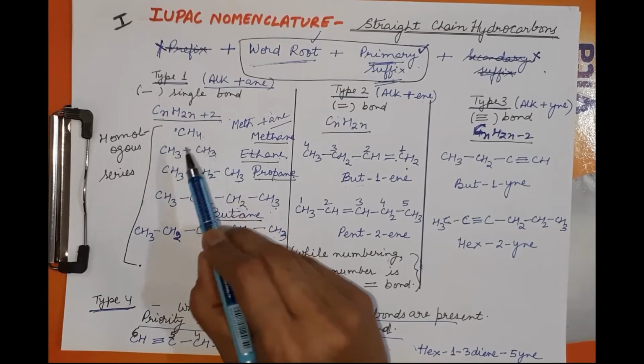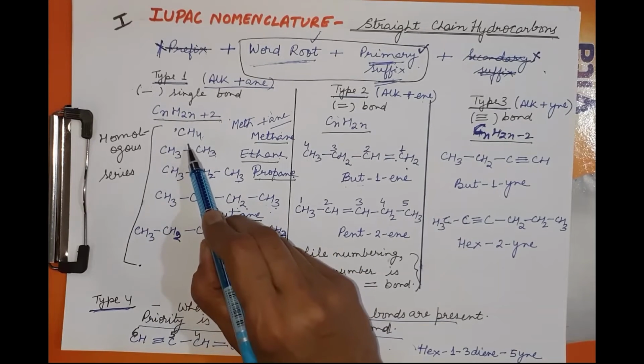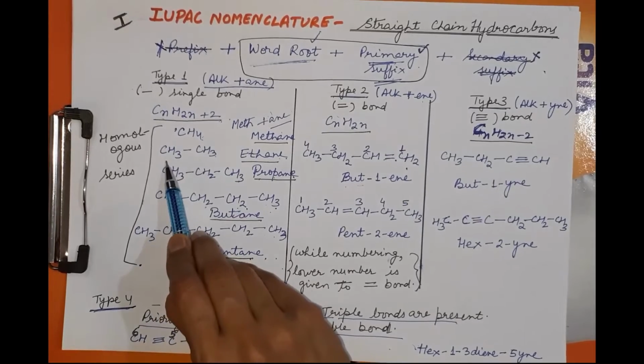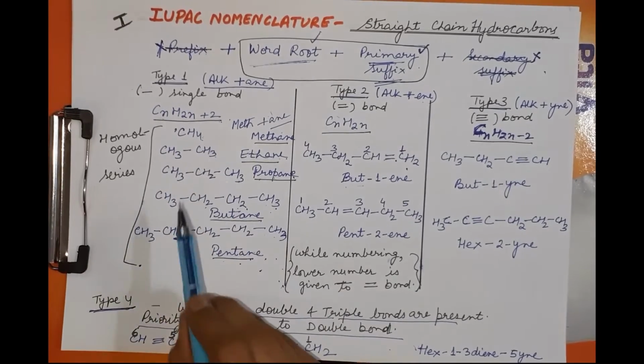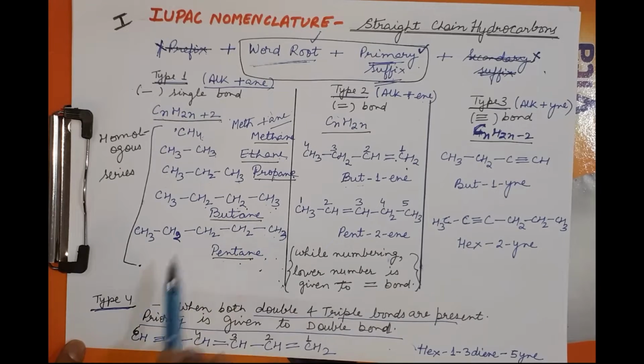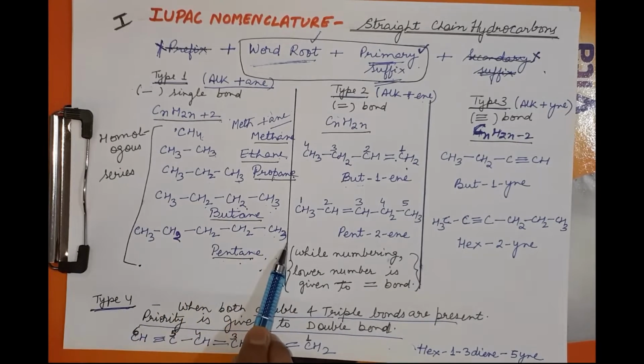If we write this series, one carbon atom compound is CH4, then the next ones with 2 carbon atoms, 3 carbon atoms, 4 carbon atoms, and 5 carbon atoms.